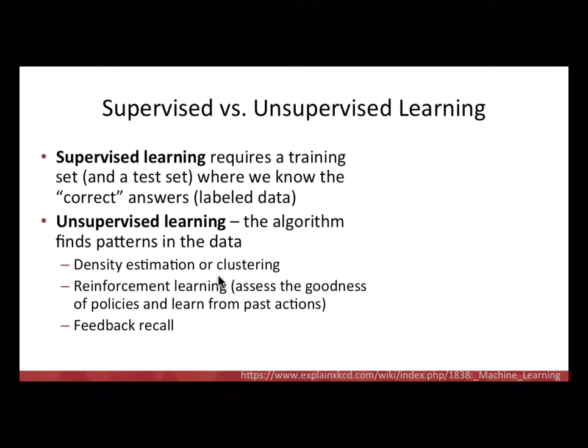Those are examples of unsupervised learning. Another one is reinforcement learning, which is also much more common in neural networks, where I'm basically not looking at the data, I'm looking at policies about the data. It's a very complicated idea, but basically, how well can I learn from past actions by creating a rule that describes the past action, and is that rule good?